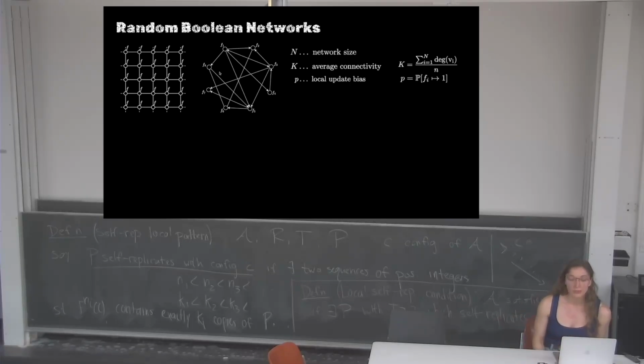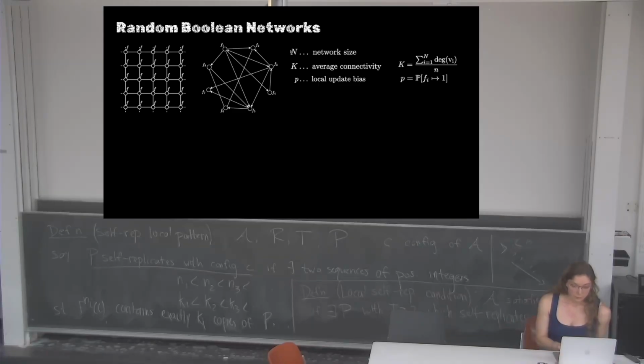This will define the node's neighborhood. For instance, node 1 just has one incoming edge from node 3, so it just has one neighbor, which is 3. So when it wants to compute the value of its next state, it will just depend on the value of V3. Whereas, for instance, node 5 has 3 incoming edges, so 3 neighbors.